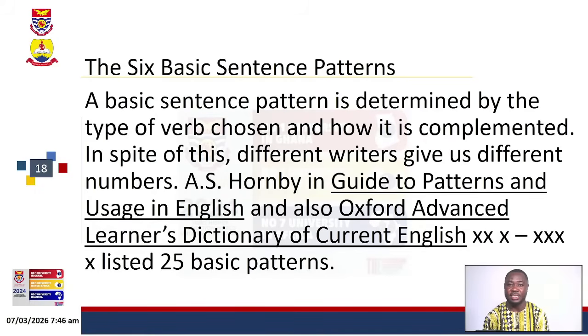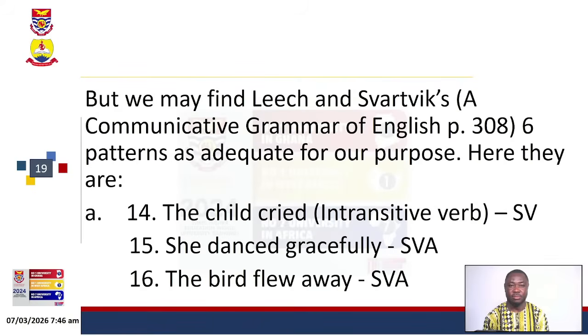Hornby, for instance, in A Guide to Patterns and Usage in English and Oxford Advanced Learner's Dictionary of Current English, listed 25 basic patterns of the English sentence. But we may find in Leech and Svartvik, that is A Communicative Grammar of English, page 308, that there are 6 patterns as adequate for our purpose.